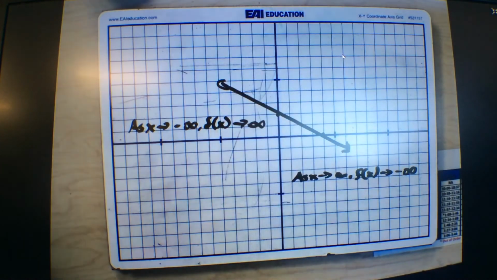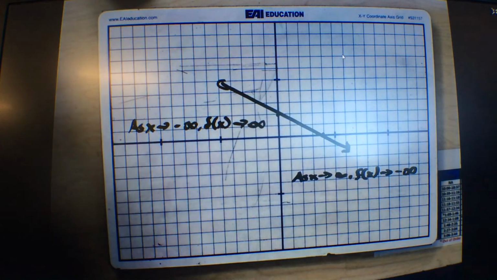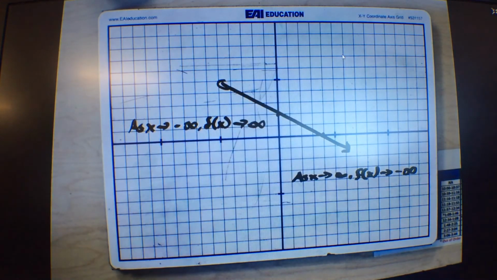Okay, I'm going to double check something, because some books say it differently. This is number 10, and you said as x approaches negative infinity, f of x approaches negative 2. Yeah.